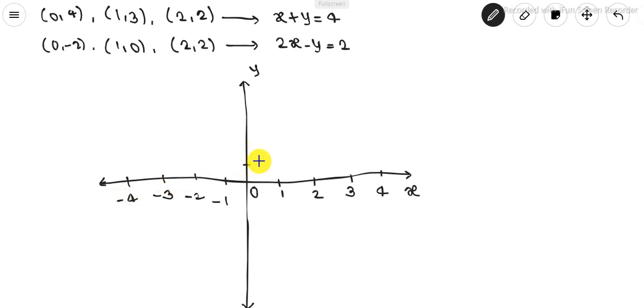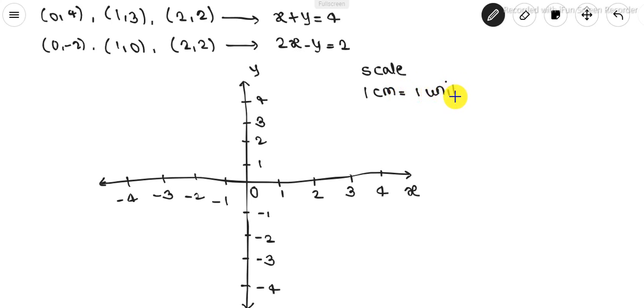On the upper side the coordinates are positive, and on the downward side the coordinates are negative. You will draw this graph by using a scale. I will draw by hand, so it will get some curved lines. And all of you know the scale on the axis: 1 centimeter is equal to 1 unit.